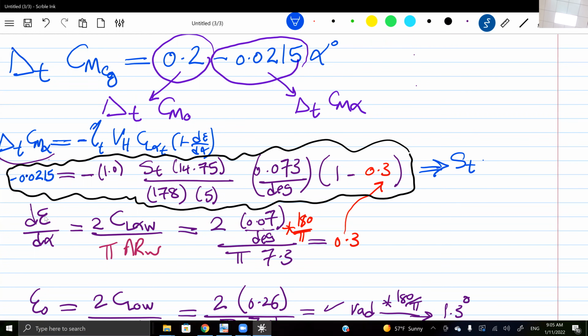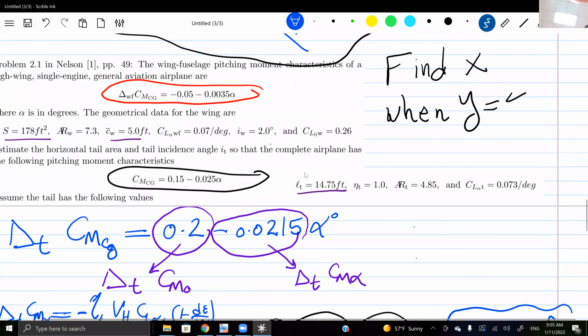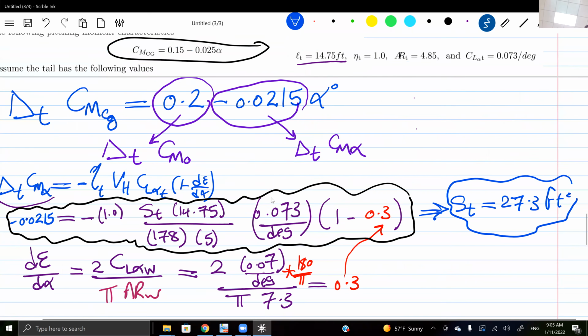So the necessary area of the tail is around 27.3 feet squared. This is what is required. So I got S tail to adjust CM alpha. Now, this was not the only requirement. The other requirement was the incidence, the I tail. Any suggestion? How should I do it?